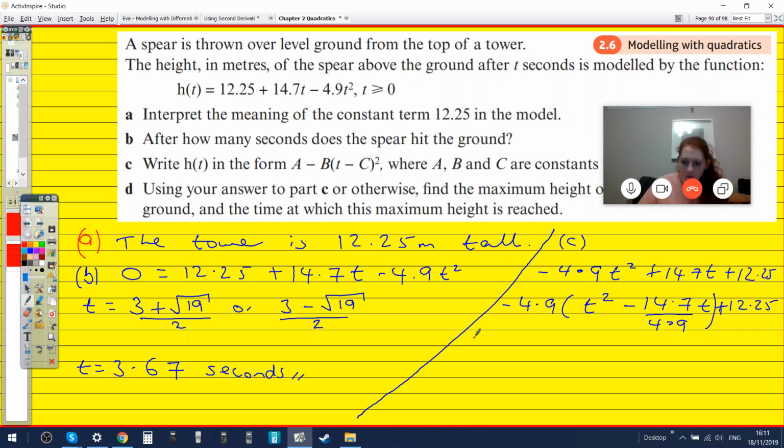Do you half whatever is in front of the t? Yep. So that's minus 3/2.